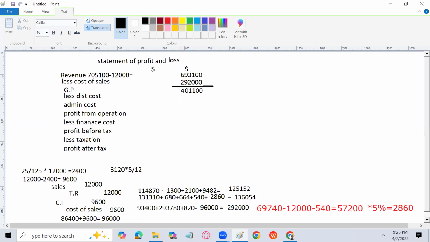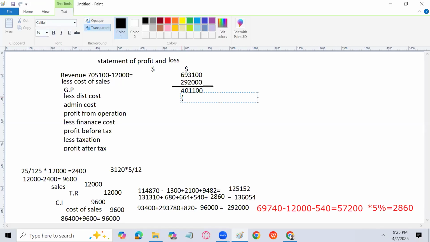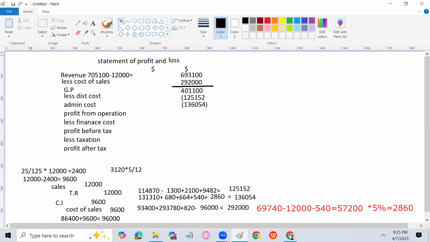Now I can write here distribution costs needs to be subtracted. That is 125,152 and admin cost again needs to be subtracted. That is 136,054, and now you will subtract them, you will get the profit from operation. So can you please do that?